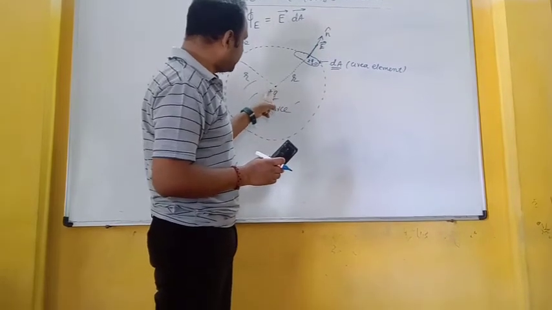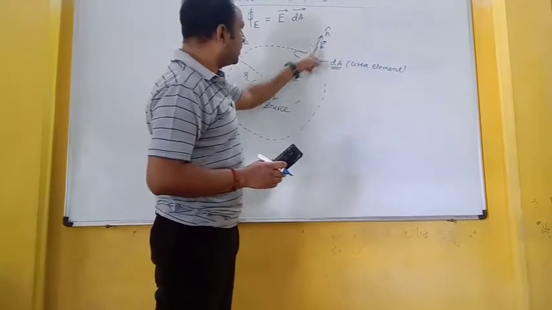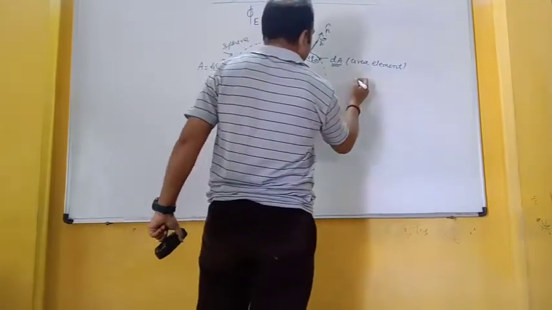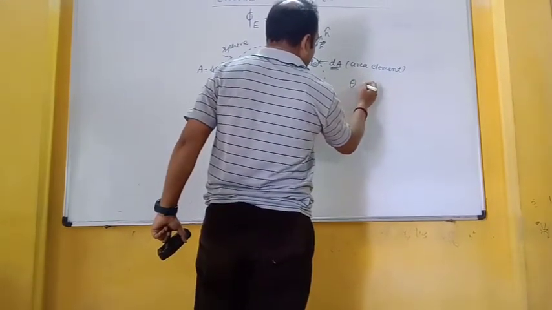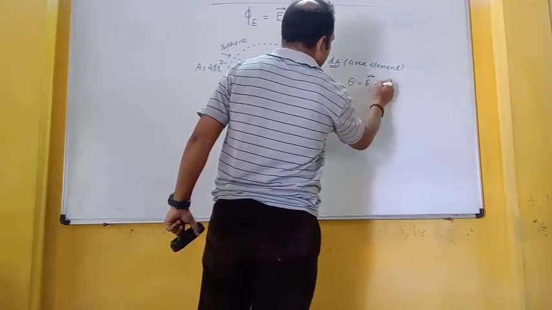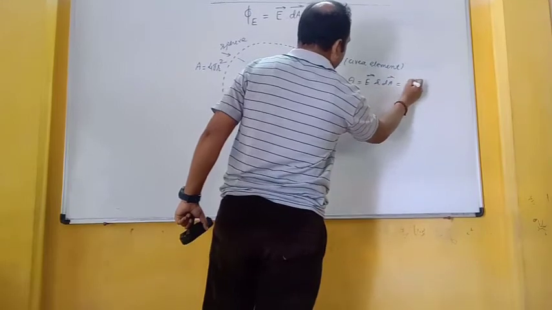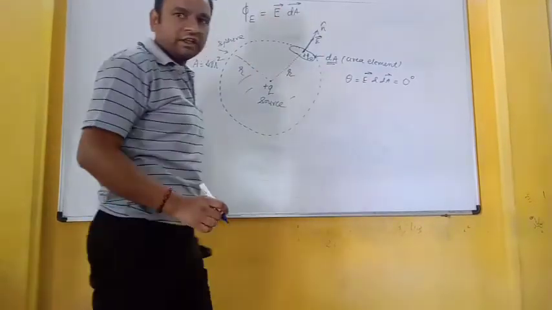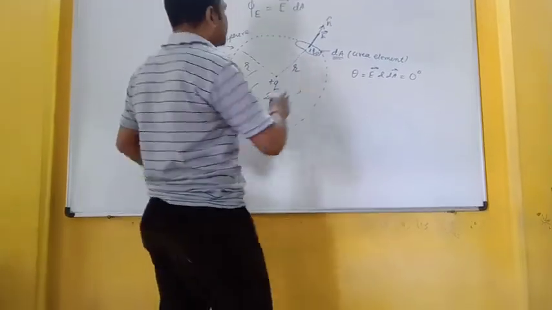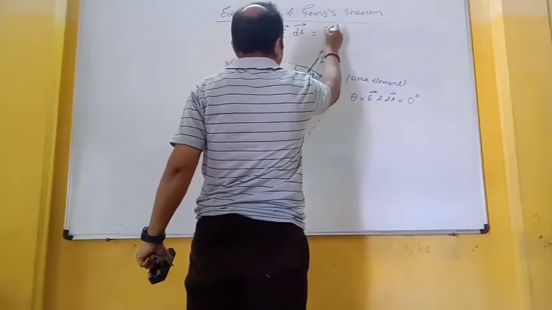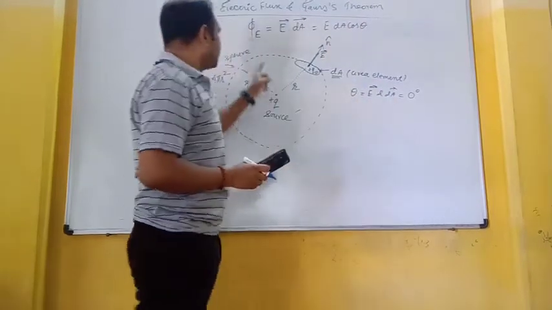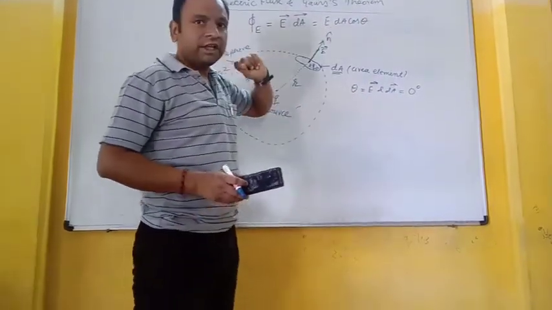The electric field would be repulsive and along this radius, so we can say that the angle theta between E and dA would be equal to 0 degree. So phi E is equal to E dot dA, which is E into dA into cos theta.